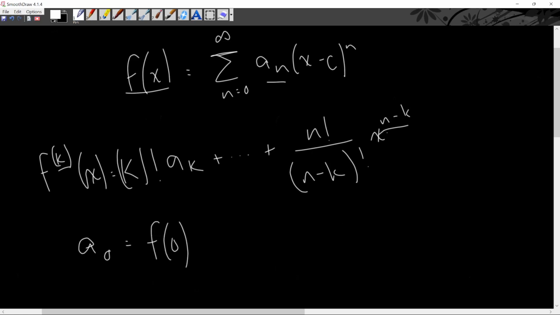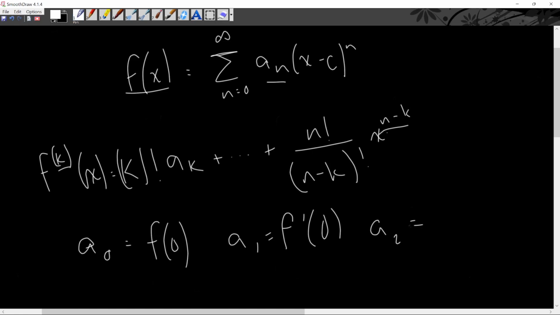If we're just plugging these back in, you have a0 is equal to f of 0, a1 is equal to f prime of 0, and a2 is equal to f double prime of 0, right? Times 2. Or, well, technically it would be divided by 2 factorial, right? Because you're trying to get the 2 in front to cancel out.